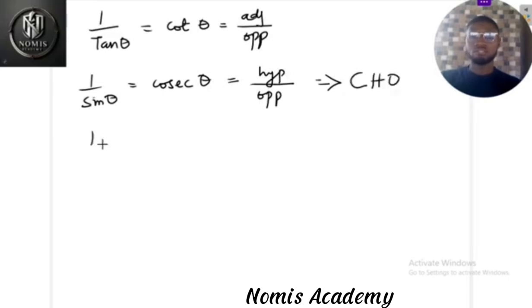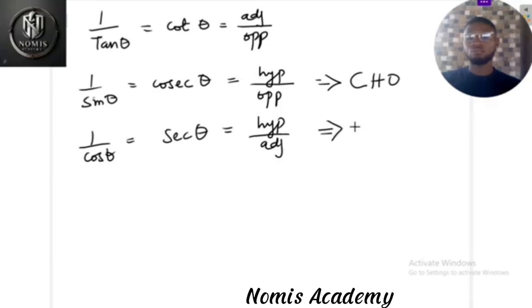So the inverse of cos theta we say is what now? We say it is sec theta. And we say that sec theta is hypotenuse over adjacent. So if we take the abbreviation, we have SHA. Just like we took SOHCAHTOA, we are taking the inverse of SOHCAHTOA.